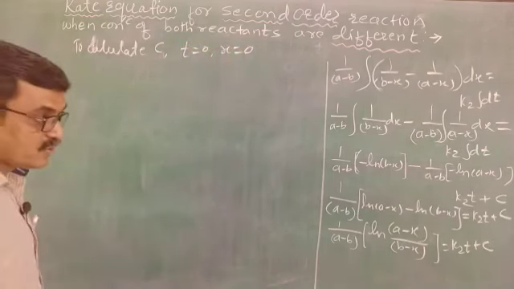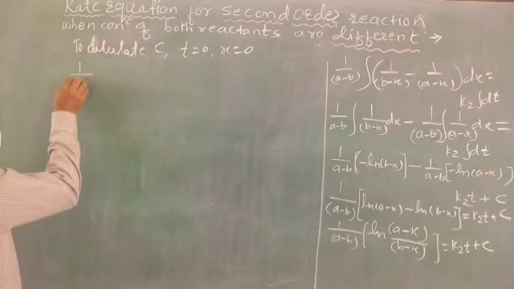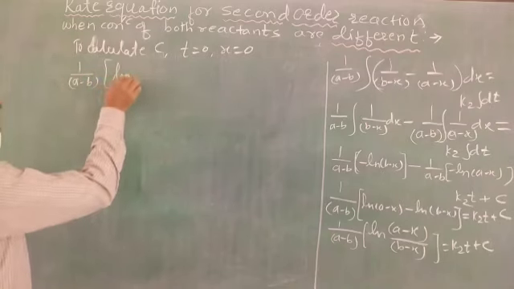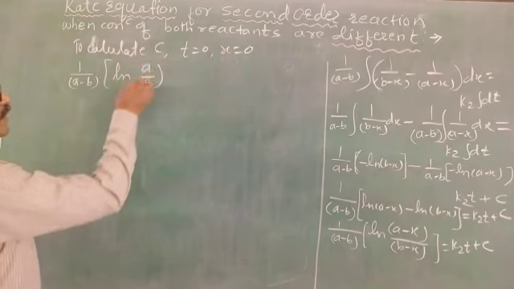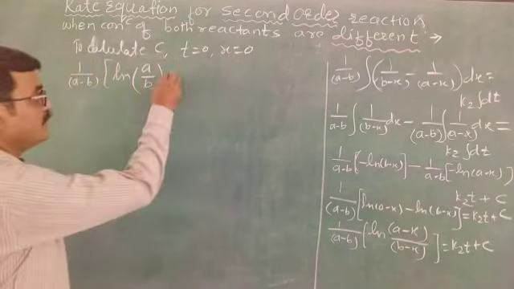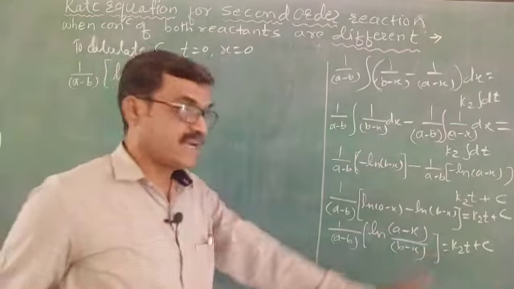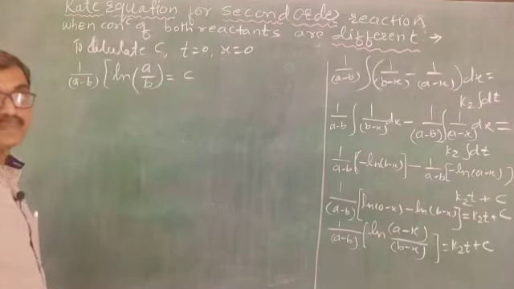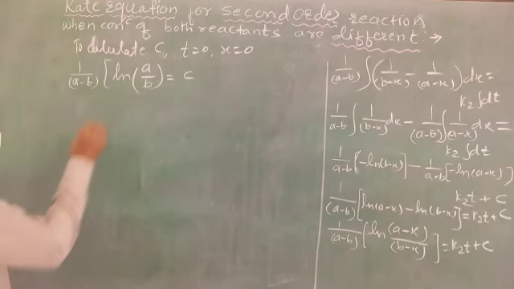If t equals 0 and x equals 0, then this equation becomes 1 upon a minus b remains as it is, ln a upon b. Why is this so? Because x is 0, k2 into t, but t is 0, that's why k2 multiplied by 0, plus c, that is equal to c.